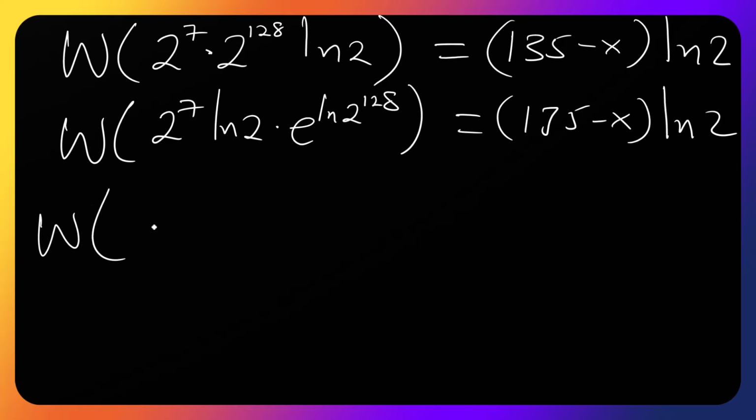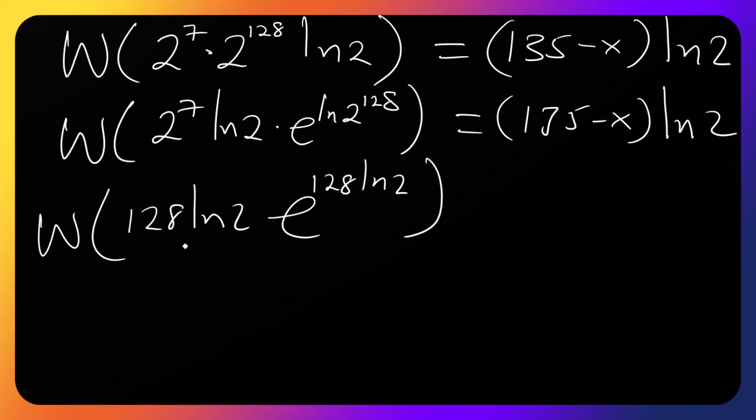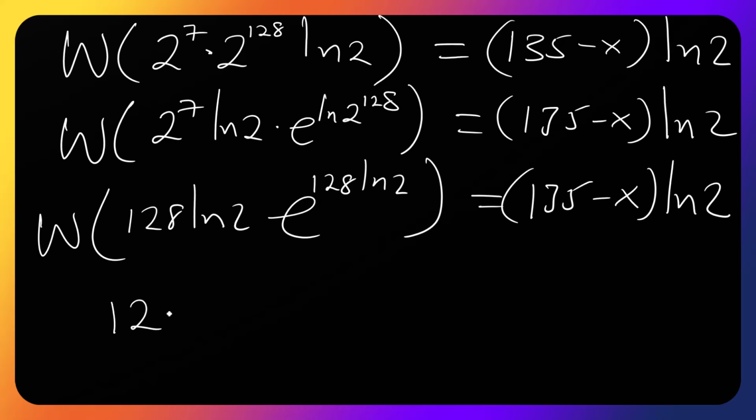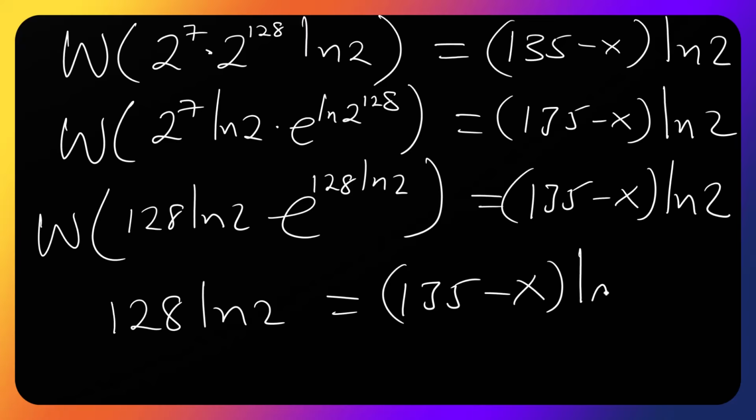This one is the same as 128 ln of 2, and this one is a power that comes behind. So we need 128 ln of 2. Let's check: this one is the same as this, equals 135 minus x ln of 2. So the W function of this gives us one of them: 128 ln of 2 equals 135 minus x ln of 2.